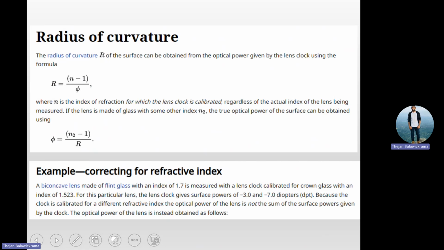Because the clock is calibrated for a different refractive index, crown and flint, what to do? The optical power of the lens is not the sum of the surface powers, because of the two materials. So for this reason, the optical power of the lens is instead found using this.